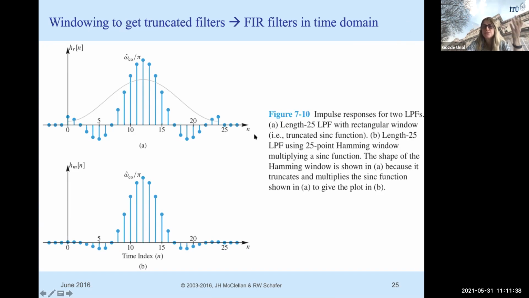To do that, we use different window functions. For instance, we can use a simple rectangular window in time domain this time. Here, I think, it used a 25 length rectangular window. So it really just gets these 25 samples, 0 to 25, of this sinc, okay? The second one uses a smoother window. I think this gray one was the Hamming, yes, 25 Hamming window.